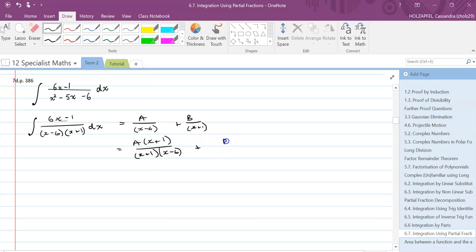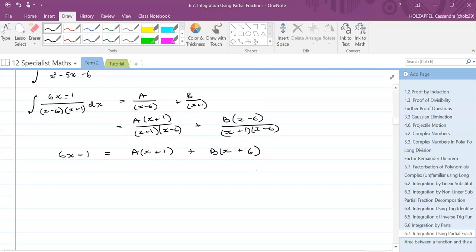Plus some number times by this other denominator, because we're going to cross multiply, over x plus 1 and then x minus 6. So now we're going to multiply everything through by that denominator. So we're going to get 6x take 1 is equal to a x plus 1 plus b x plus 6.